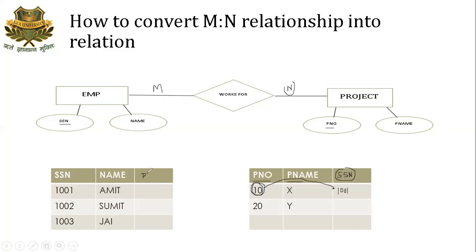The same situation occurs. Suppose we write project number 10 and again the social security number, which is the primary key attribute, so it is only a 1:1 relationship. Because 1001 belongs to 10, and 1001 is not repeated because the social security number is the primary key. So again it is 1:1.